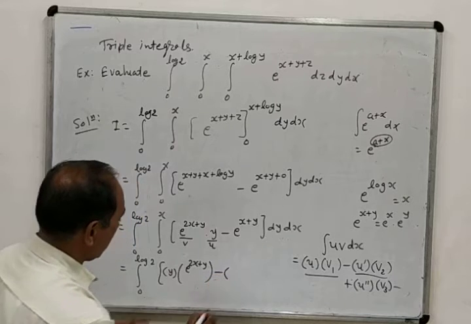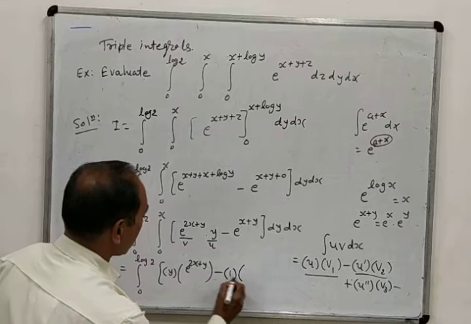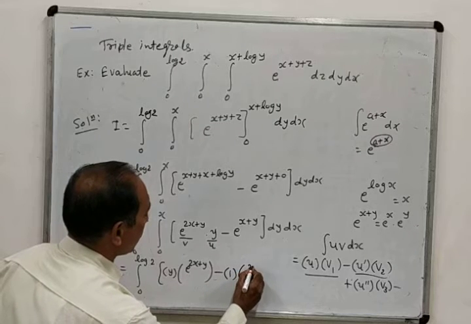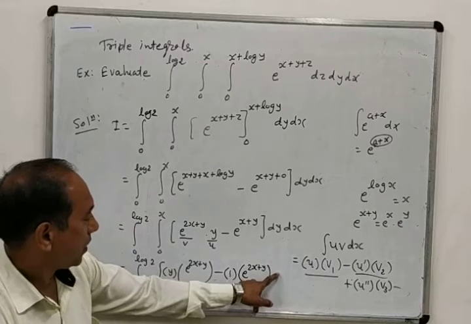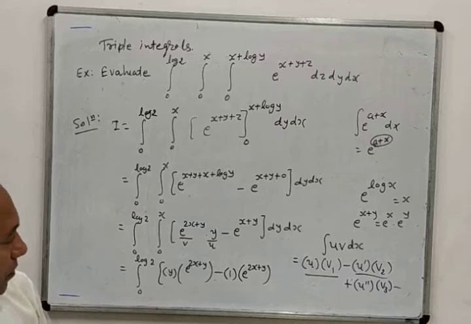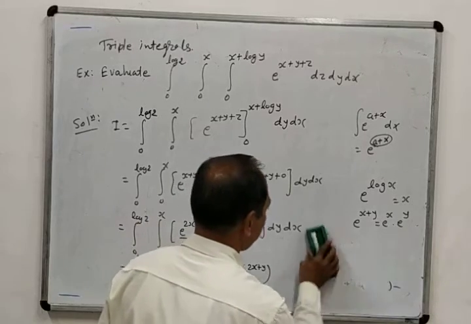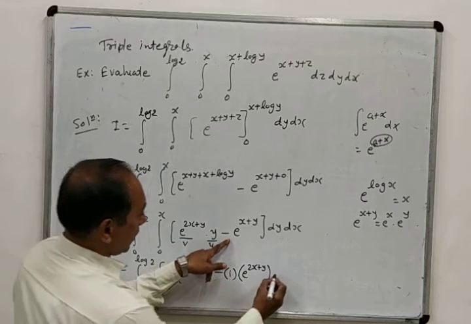So minus, the derivative of the first one, y, has the derivative 1. Integration of the second bracket is again e raised to 2x plus y, same integration. And in the third step, the derivative of 1 will be 0. So this integration is finished now. Okay? So again, here this integration remains.